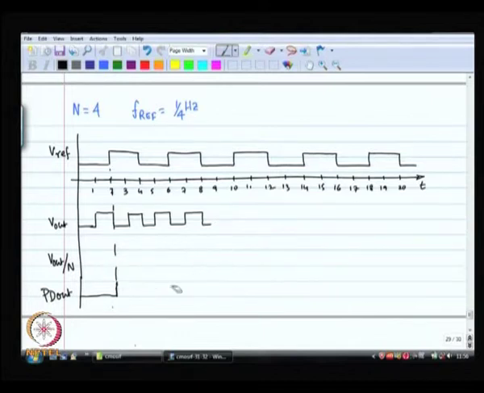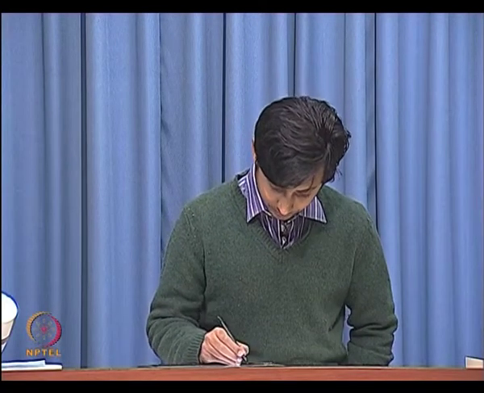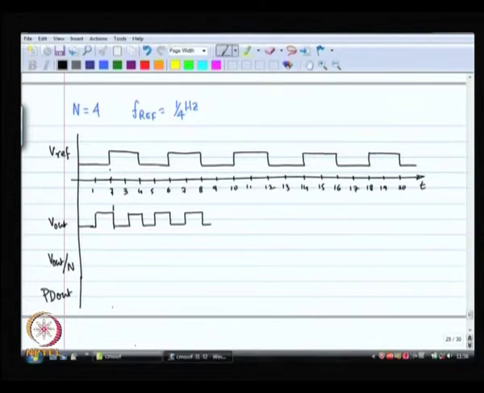In that case, what happens to the output of the counter? The output of the counter counts 2 cycles, then goes high, again counts 2 cycles, then goes low, etc.